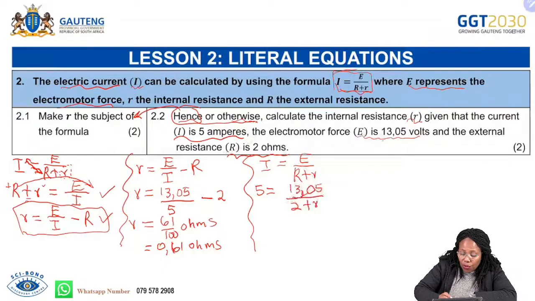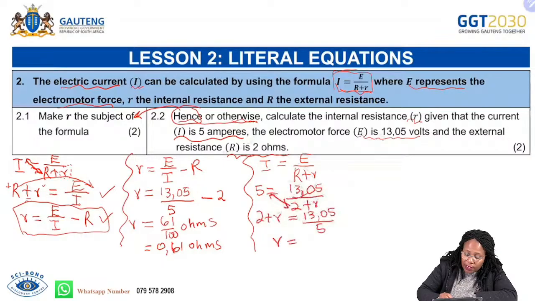And then now we cross multiply these two. It will be 2 plus r equal to 13.05 over 5. Can you see, grade 12? It gives you the same thing. 2 goes to that side. 13.05 over 5 minus 2. Can you see it's exactly the same as that step?